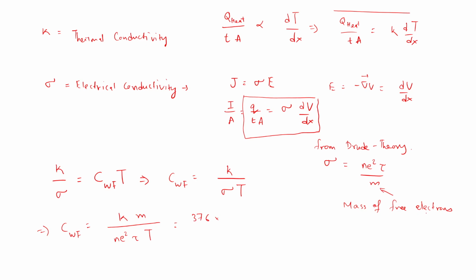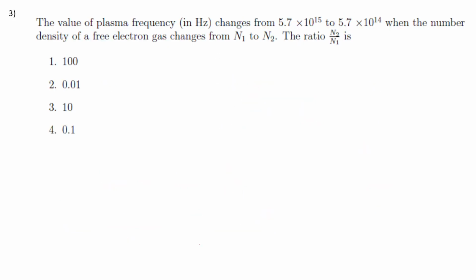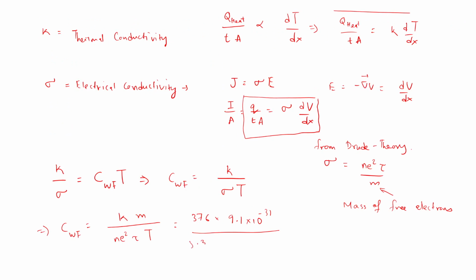The atomic mass of copper given in the question is not needed, so you put the mass of electron, 9.1 into 10 to the power minus 31 kg, over n, the number density, 8.38 into 10 to the power 28, into e square, 1.6 into 10 to the power minus 19 whole square, and tau is 2.3 into 10 to the power minus 14, and temperature is 300 Kelvin.